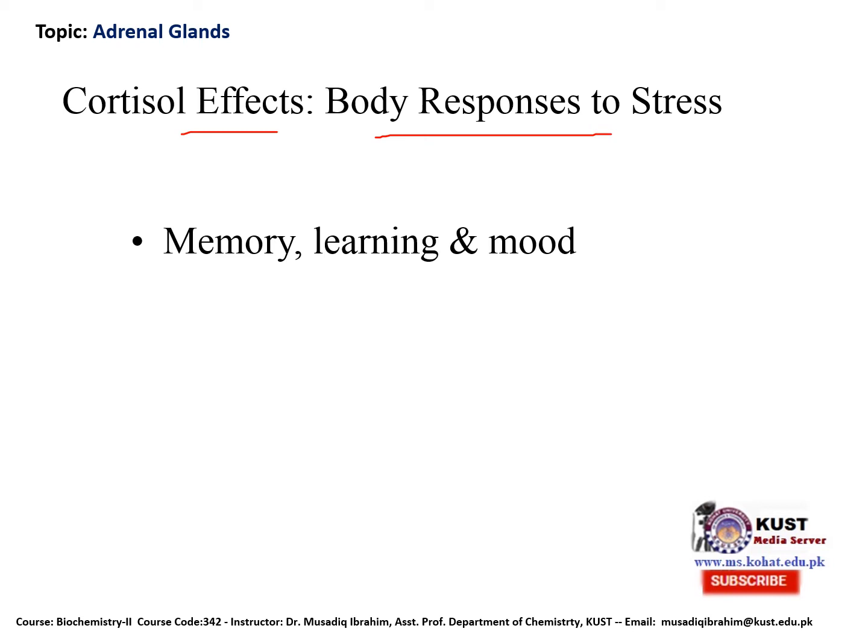So as a result of cortisol secretion, the memory function is enhanced, and the learning and mood is being stabilized. So that is all happening as a function of the cortisol secretion.